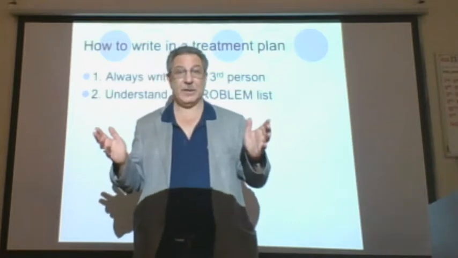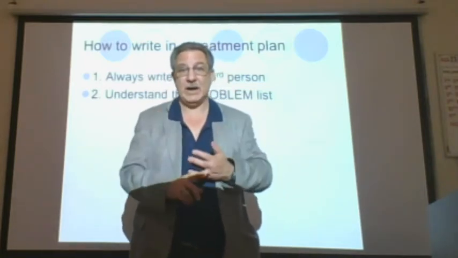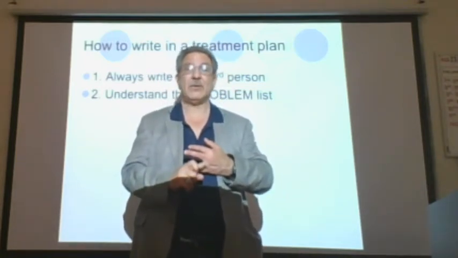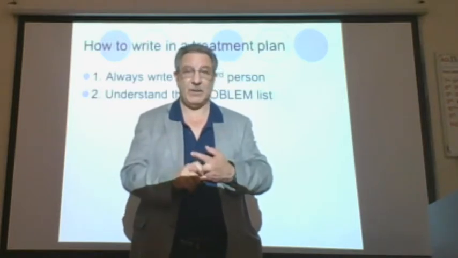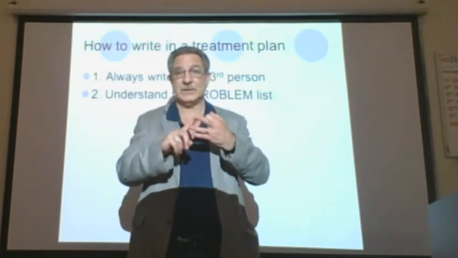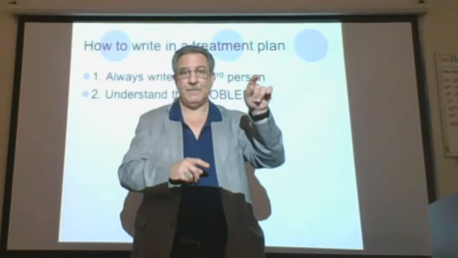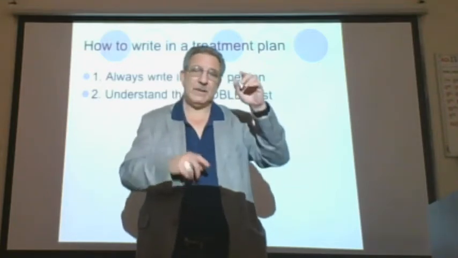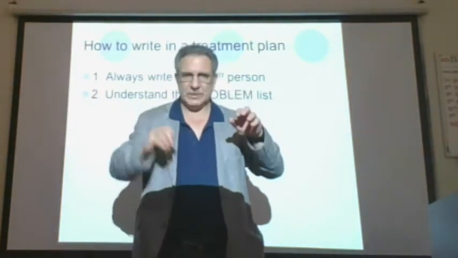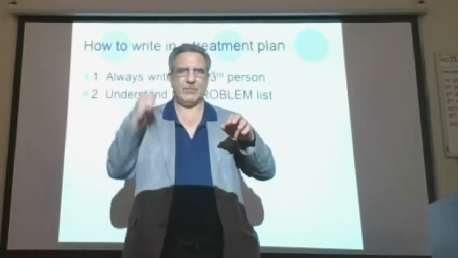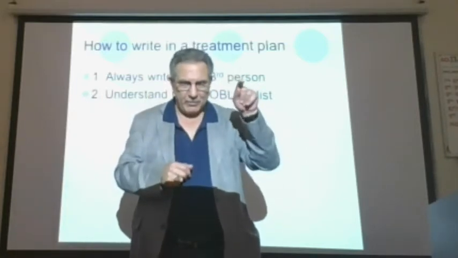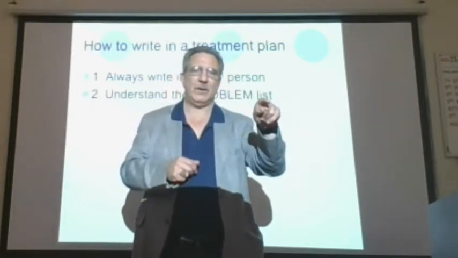What if the person is polysubstance, cocaine and alcohol, or trisubstance, cocaine, alcohol, and marijuana? You have to address each of those. So you have problem 1, cocaine use. Then you describe the rest of it, and the rest of your statements that we'll talk about. Again, you put 1.